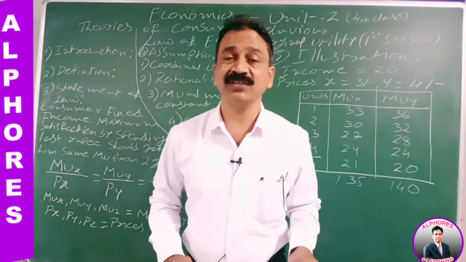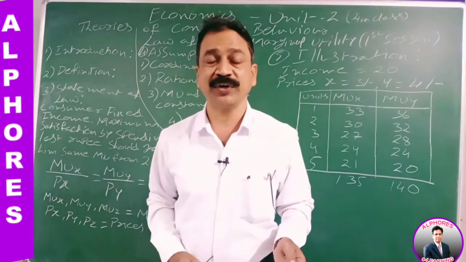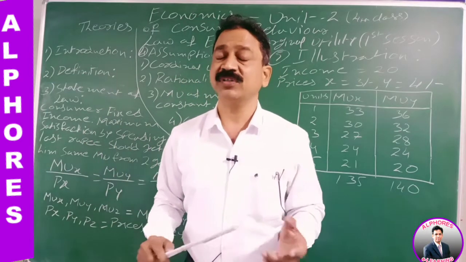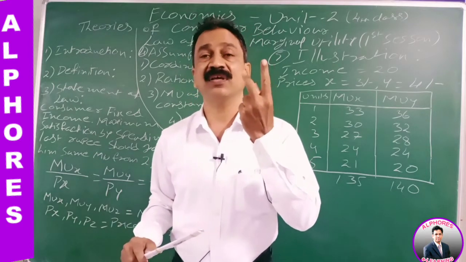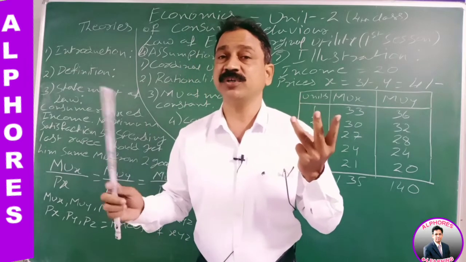That's why the law of equi-marginal utility is called Gossen's second law. The first law is diminishing marginal utility. Gossen's second law is equi-marginal utility. At the same time, Gossen's second law is also called the law of substitution.